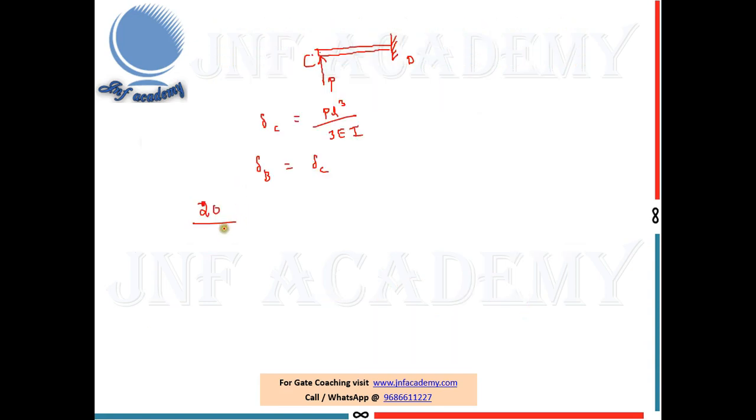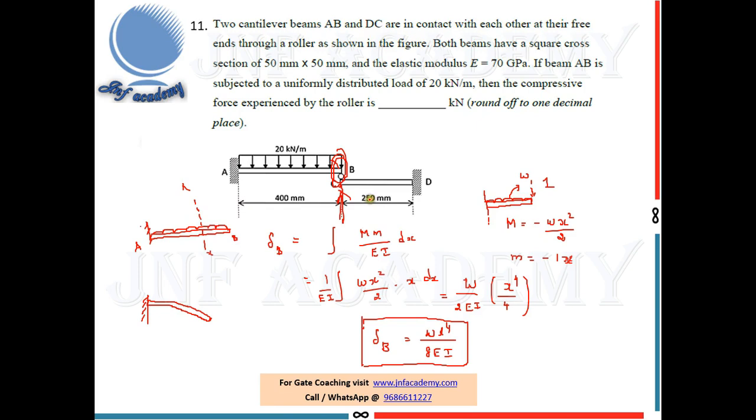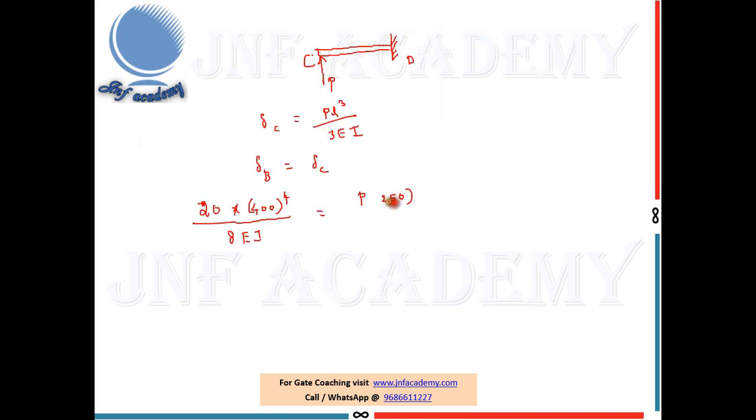L power 4, the first portion length is 400, denominator 8EI, is equal to P, length of second portion 250, PL cube by 3EI. EI gets cancelled. Then the simplification.